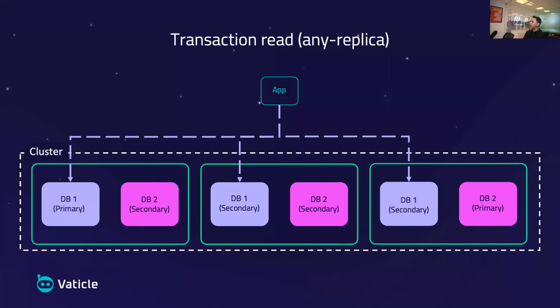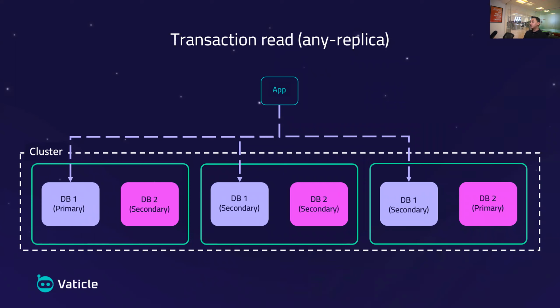So there is an additional mode for read transactions that you can leverage to utilize the other servers a bit more and optimize the utilization. This mode is what we call read any-replica. When you open a read any-replica transaction, unlike the regular read transaction, the query may be performed on any of the replicas and not just the primary replica.